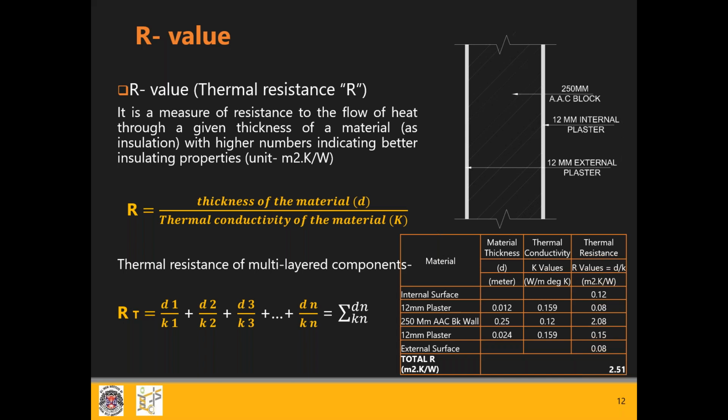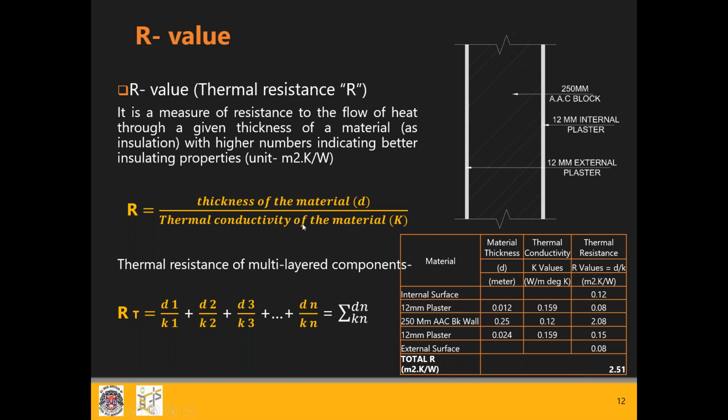Now, these thermal conductivity values are provided by your manufacturer. You need to ask your manufacturer for the exact thermal conductivity. These are available on the technical specification sheets as well. So you can easily get these figures.